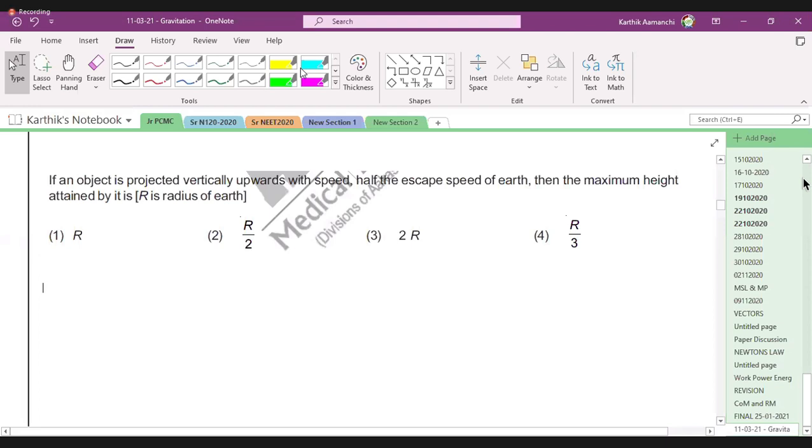The 15th one we have done, right? Annular disc. Yes, sir. 19, 27 and 28.